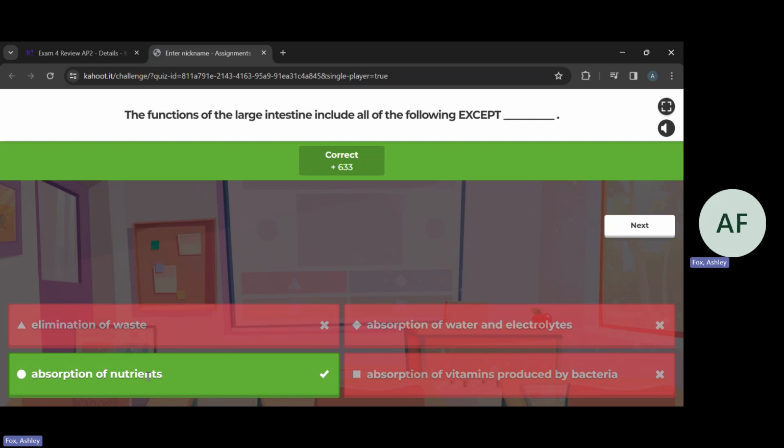So this is absorption of nutrients. So the large intestine doesn't do this. It gets rid of waste. It absorbs water and electrolytes that are still there, and it'll absorb any vitamins that are produced by the bacteria. But all the nutrients that are absorbed have been absorbed in the small intestine.